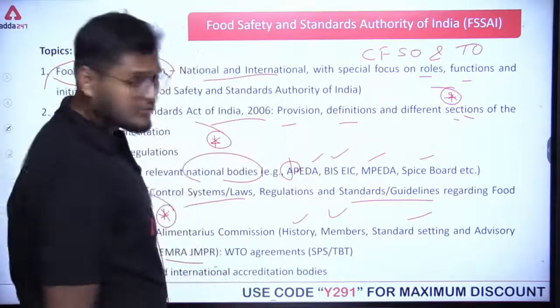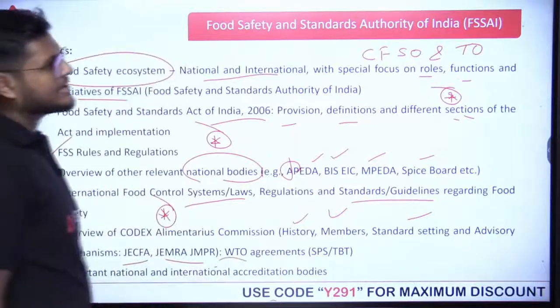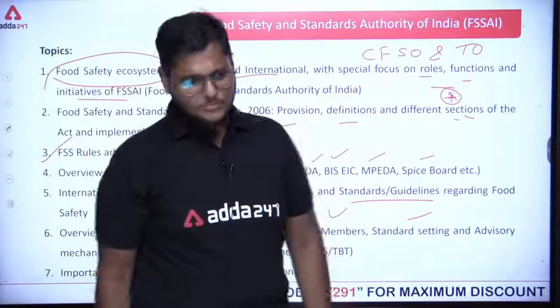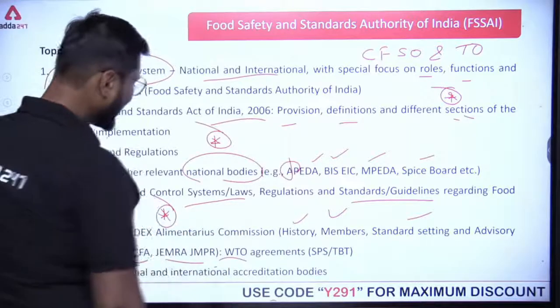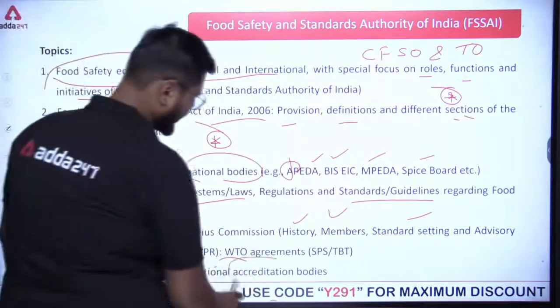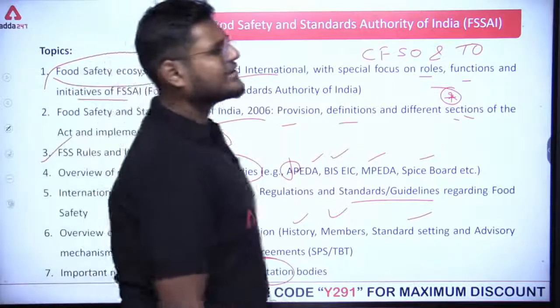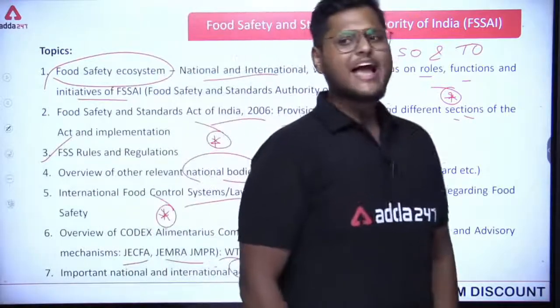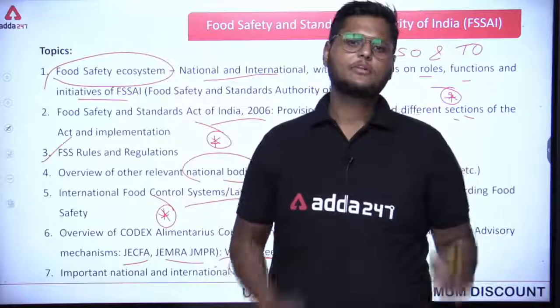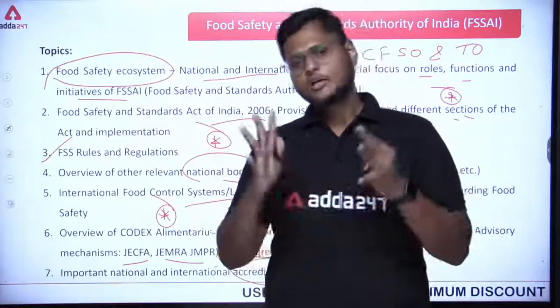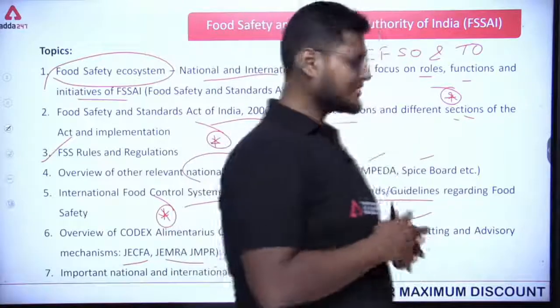We will look into all of this, so no need to be confused by these names. Clear, guys? Final, number 7, important national and international accreditation bodies. For example, for laboratory accreditation, we have NABL in our country, which is responsible for the accreditation of different food testing laboratories.